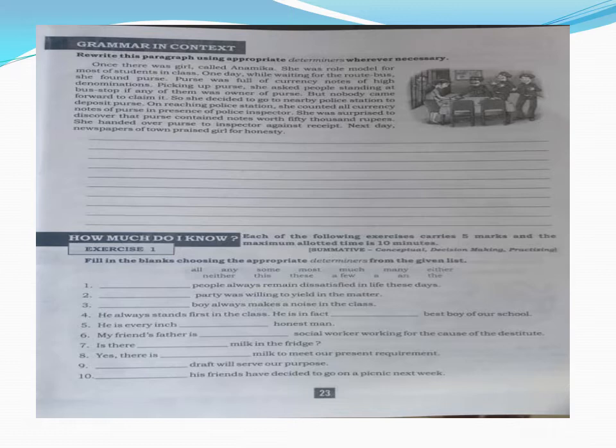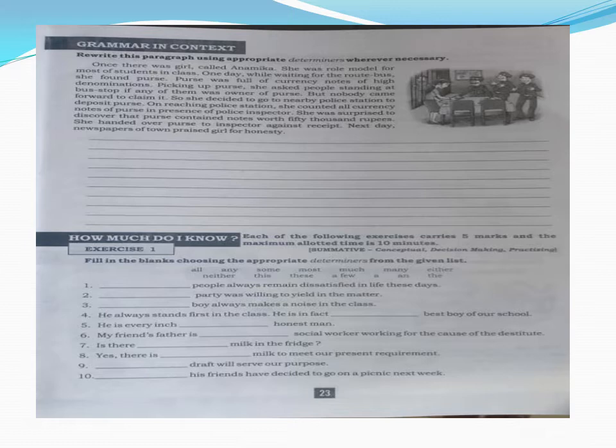In her class, the determiner her is missing before class. Like this, try to write the whole paragraph by yourself, wherever a determiner is required, use it, and then you will compare all your answers with the notes that will be provided by your teacher.